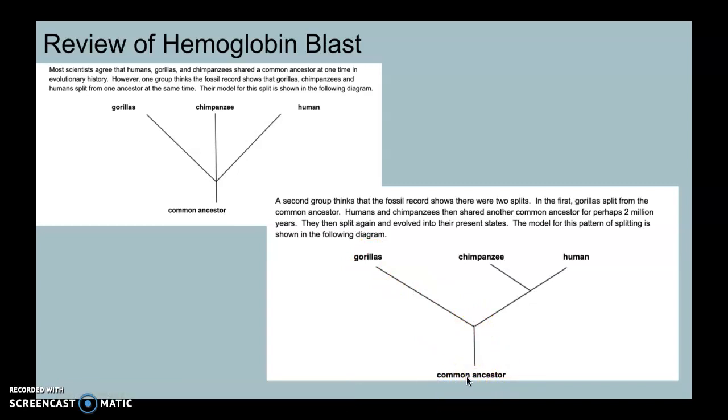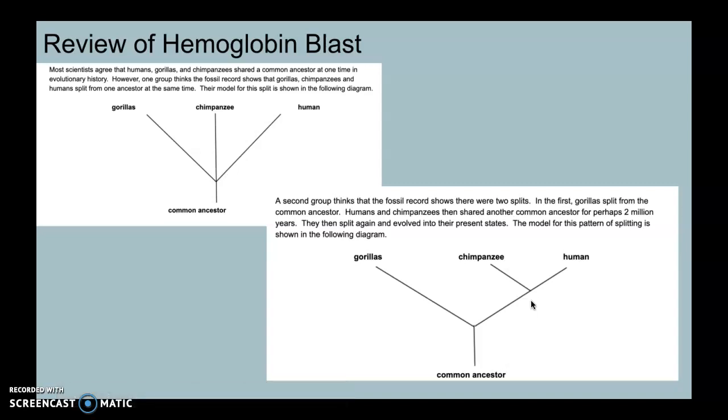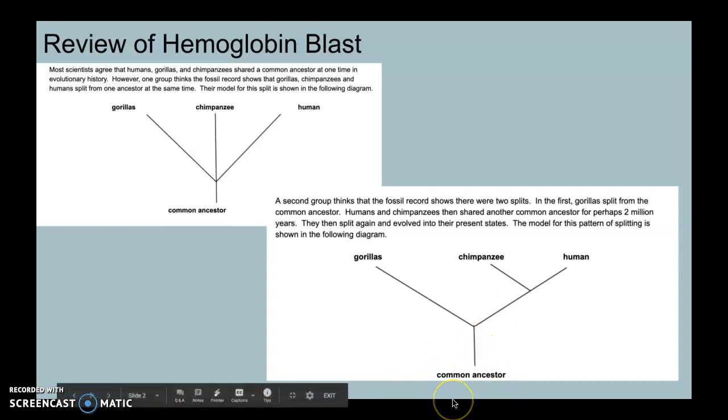So when you took a look at your data, this one best represented the data that you had seen displayed to you. So again, humans and chimpanzees are more closely related to each other with a common ancestor that they have in common from a closer time than the common ancestor from the past.